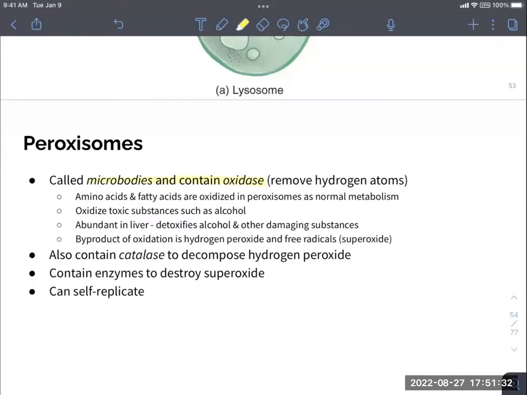They're very abundant in the liver, because if we drink a lot of alcohol, that liver needs to detoxify our body. And those peroxisomes help make it happen. If we take other damaging substances, our liver needs to detoxify them. Our liver naturally detoxifies our system.